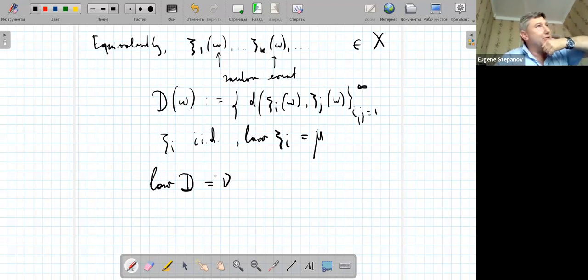Each time you throw a k-tuple of points, you measure the distance matrix. You make lots of experiments with triples, quadruples, and so on, and you get the whole statistics on distance matrices of all orders. It's more or less the same as having statistics on infinite distance matrices. Once you have this statistics, it gives you complete information on your metric measure space, so you can reconstruct this metric measure space from it.